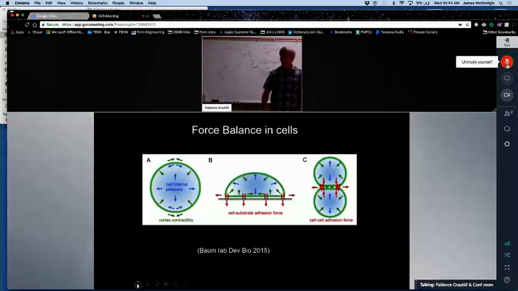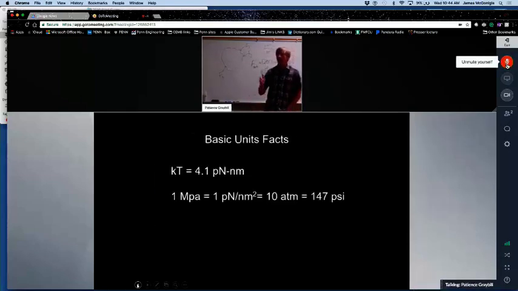ruptured. Let's move on. Okay, so we want to get quantitative, and we often talk about energy in units of the thermal energy. Thermal energy means that if you have a molecule in a gas at a certain temperature, its kinetic energy will typically be about 4 piconewtons times nanometers, or about 4 times 10 to the minus 21 newtons times meters, or joules.